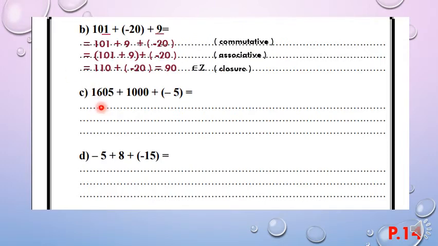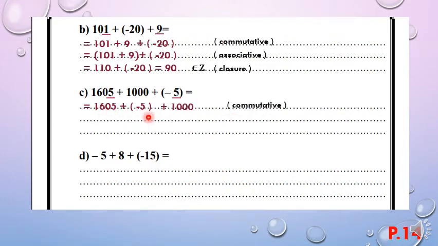Letter C, 1605 plus 1000 plus negative 5. Let's check the units. Here we have 5 and here we have 5. So we need to switch the places. 1605 plus negative 5 plus 1000, which is called commutative.